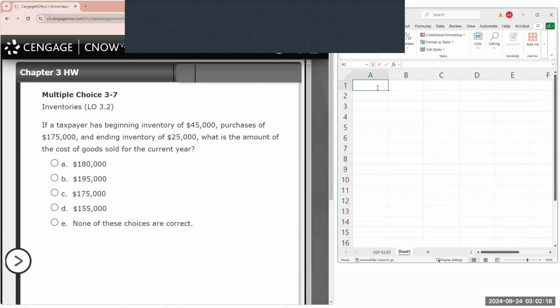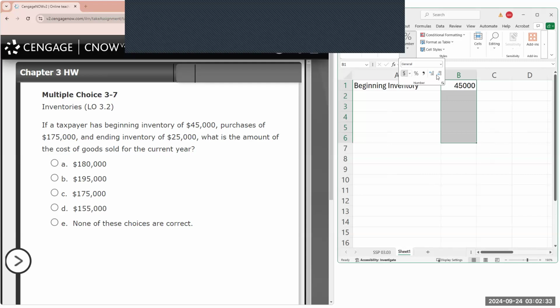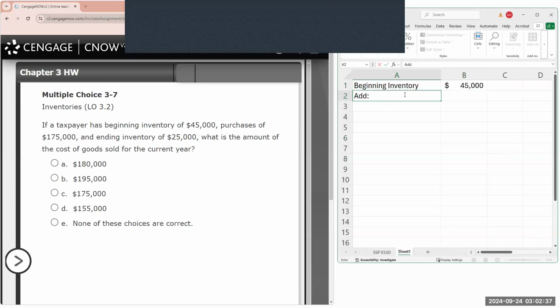So we start off with our beginning inventory, which in this case is 45,000. Then from there, we add our purchases.